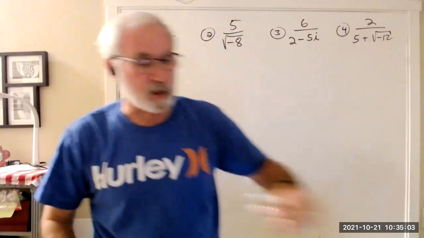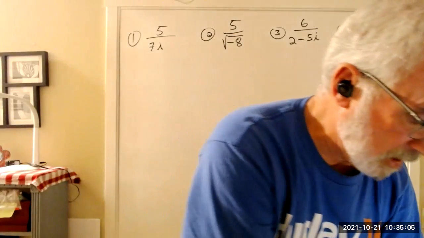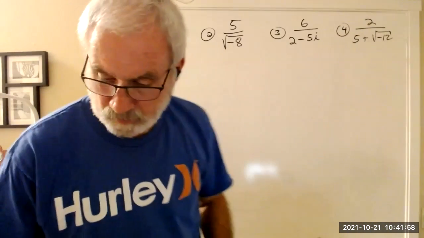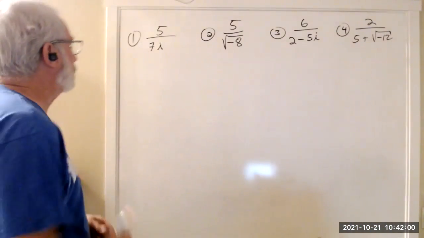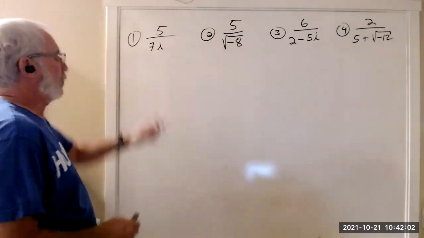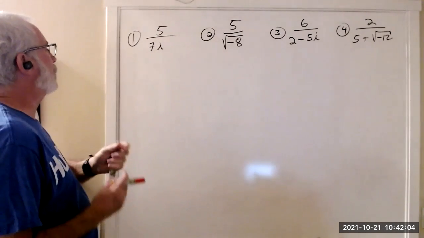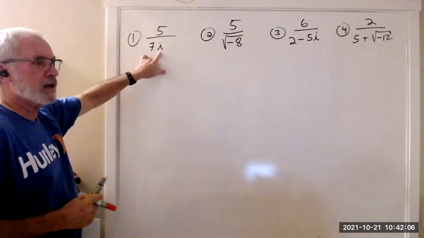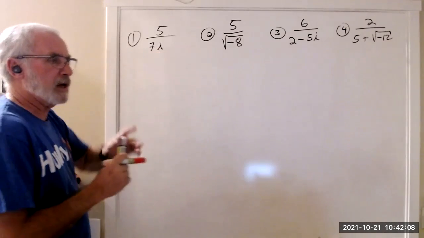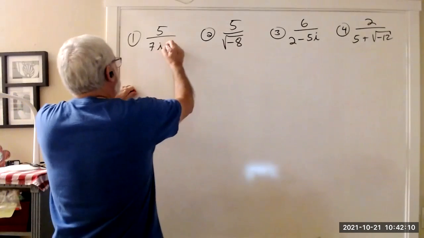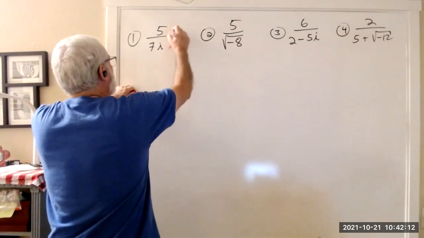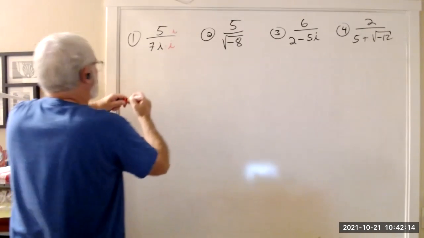So let's pause. Okay, first problem. The only thing wrong with it is you can't have an i, and there's a single i down there. You can't have an i in the denominator, so we multiply top and bottom by i.